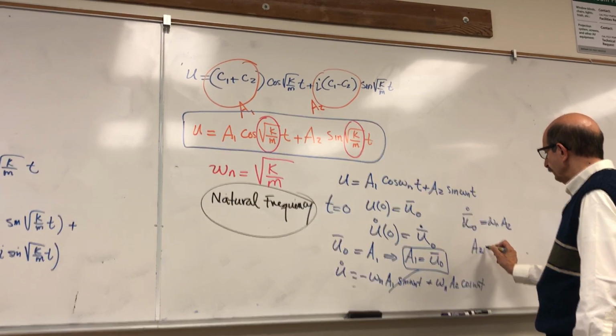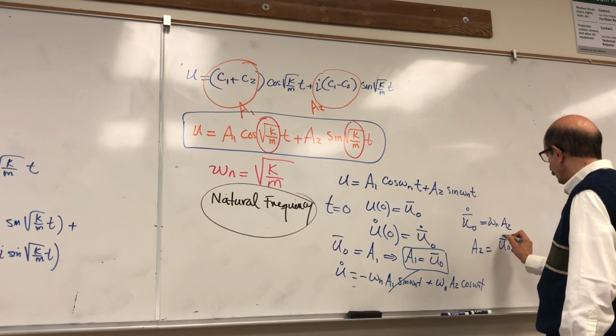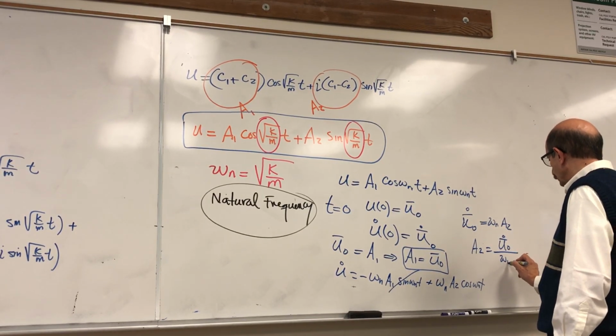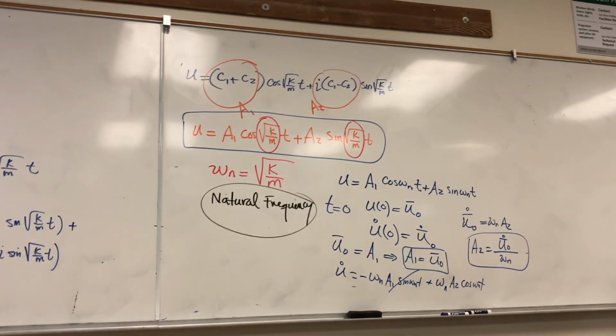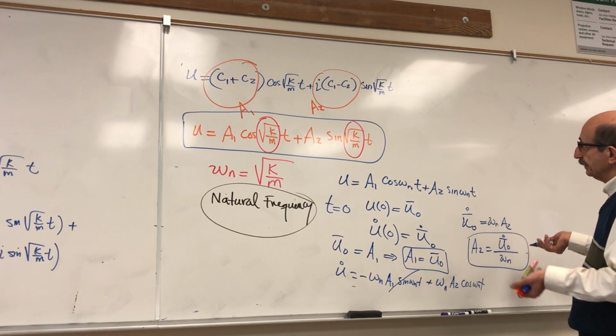Therefore, A2 then would be u dot bar naught divided by omega n. So you can write this equation in terms of the initial conditions, and that is another alternative form.